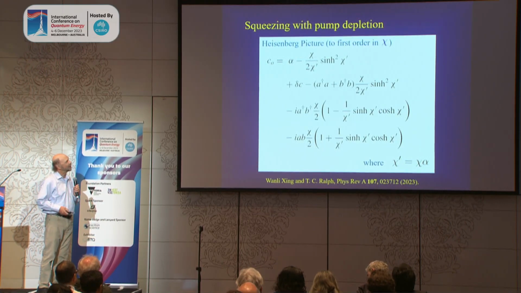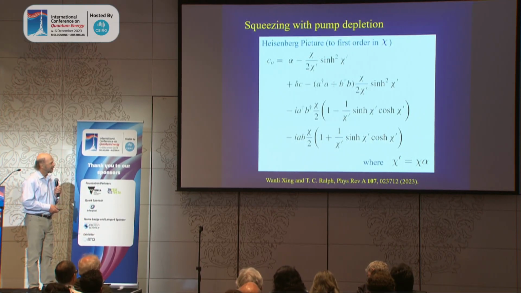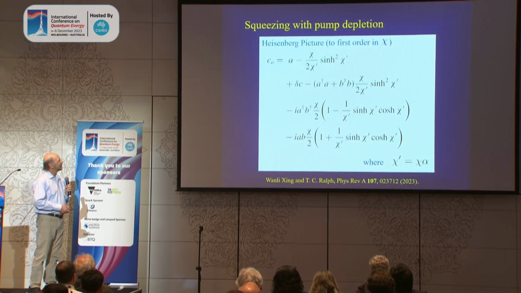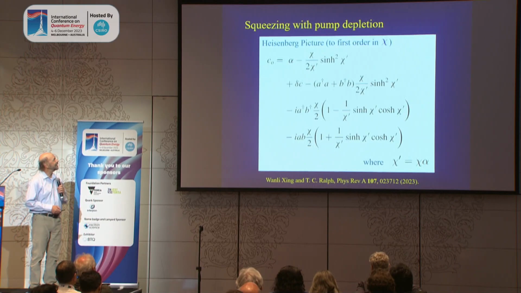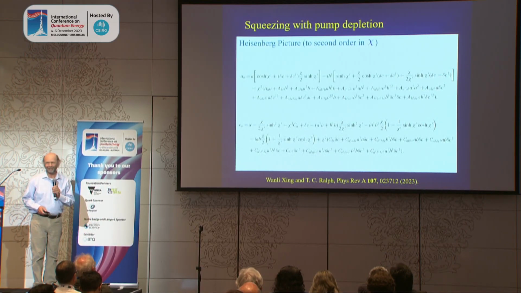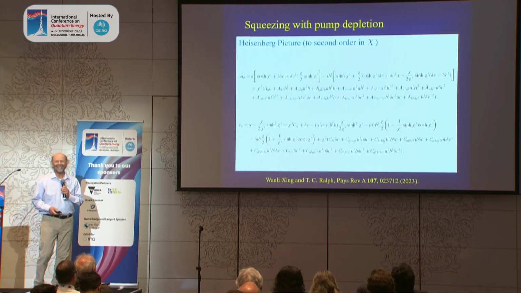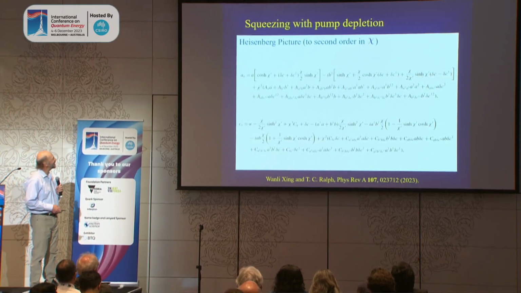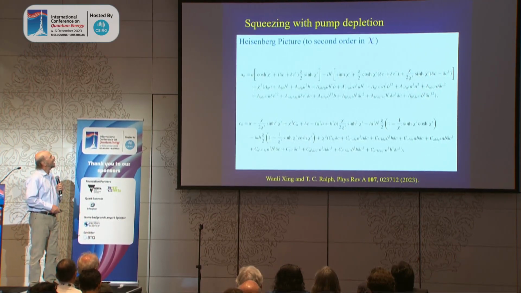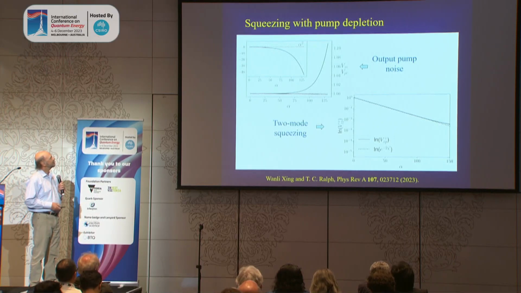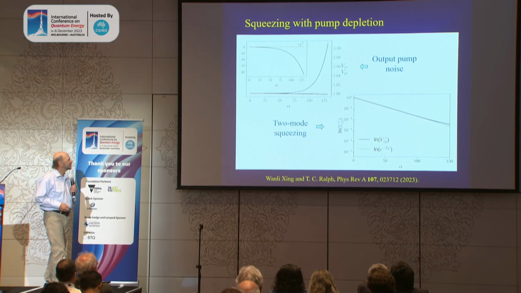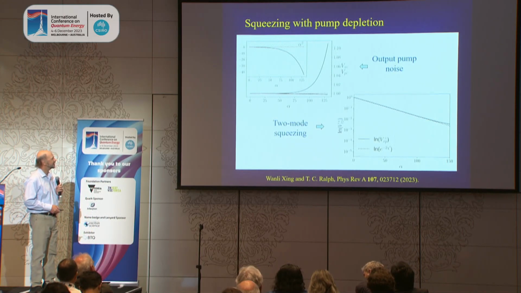It's the pump that I'm going to concentrate on. This is to first order in chi. You can do it to second order as well. Things get a bit nastier, but it's still tractable. And you can look at how this affects the output noise on the pump or the two-mode squeezing and stuff like that.